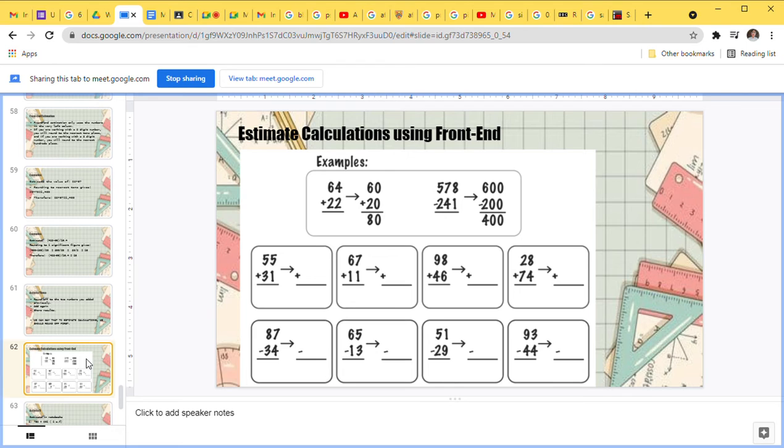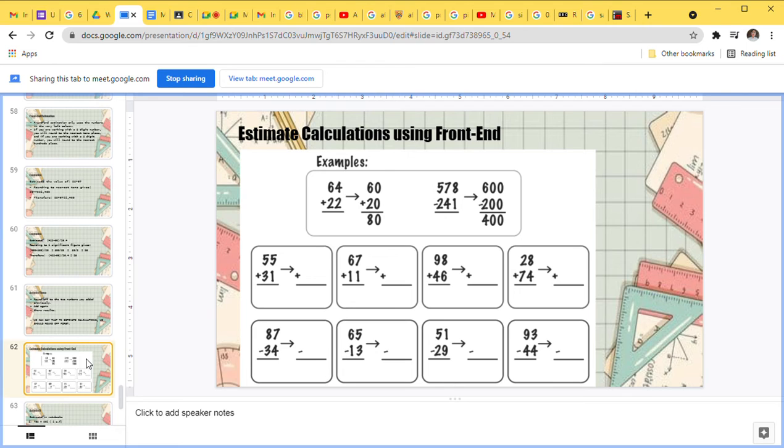So we move to the next one. If we round off 96, what do we have? 100. And if we round off 46? 50. So 100 plus 50 gives us 150. Very good.